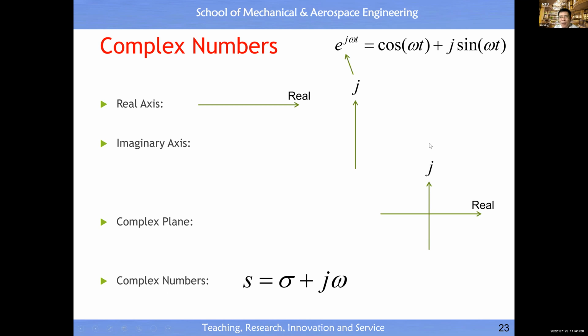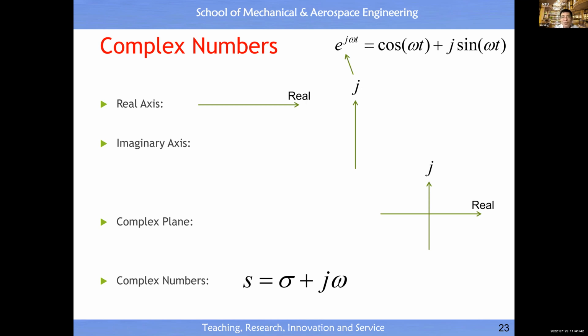The discovery or invention of the Laplace transform has benefited from this beautiful equation discovered by the famous scientist and mathematician Euler. This is the Euler equation, very beautiful. Actually, J was invented by Euler.